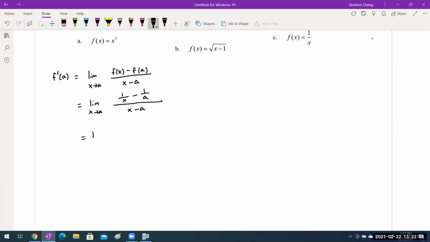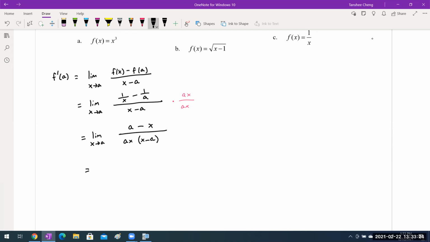So simplifying this complex fraction, basically we're going to multiply the numerator and denominator by the LCD of all the fractions, which is ax. So on the numerator, when I distribute it, x and x reduce. In the second fraction, a and a reduce. So I will have ax times x minus a.